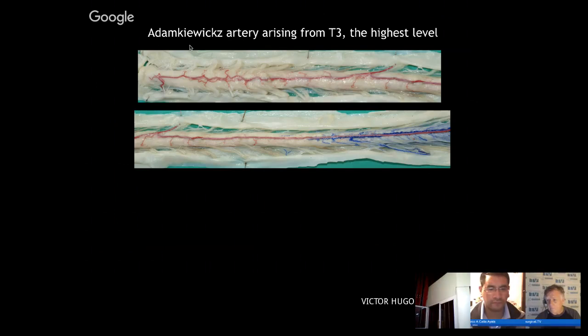I have studied almost 50 spinal cords. What I am showing you are the statistics of this work. In these pictures, we are seeing the highest level of the origin of the Adamkiewicz artery. This Adamkiewicz artery is arising from T3.